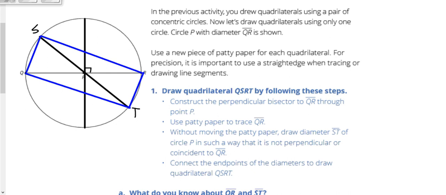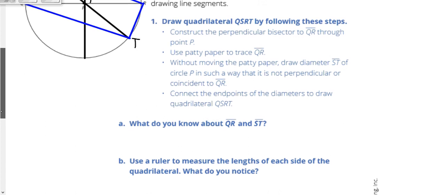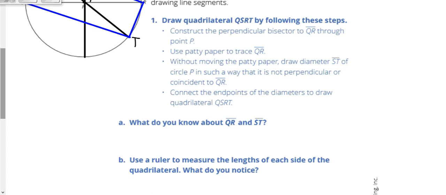And what do we know about QR and ST? Well, they're both diameters of the larger circle. There is no inner circle here. So we know that QR and ST are equal to each other because they're both diameters. Okay?